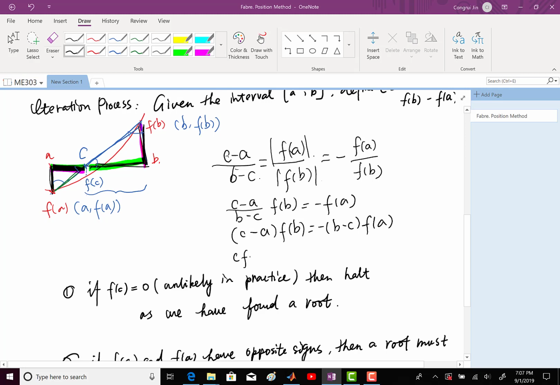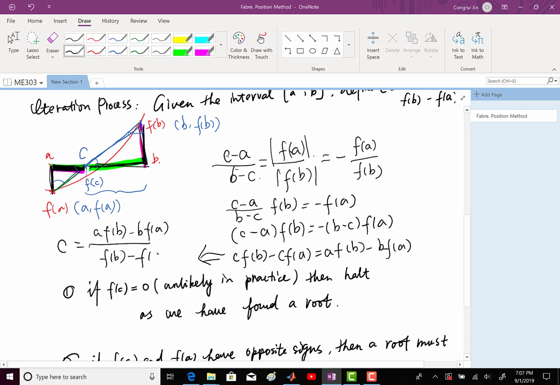So c f(b) minus c f(a) equals a f(b) minus b f(a). As a result, this gives you c equal to (a f(b) minus b f(a)) over (f(b) minus f(a)).